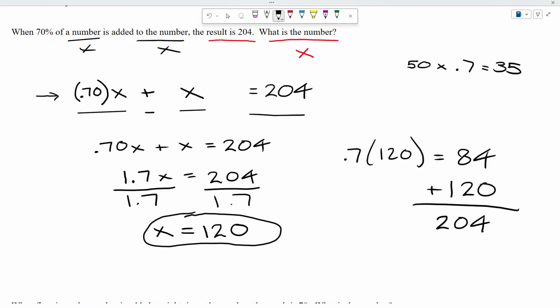So it looks like we are correct here in saying that the number in this case is 120. All right, let's move on to the next one.